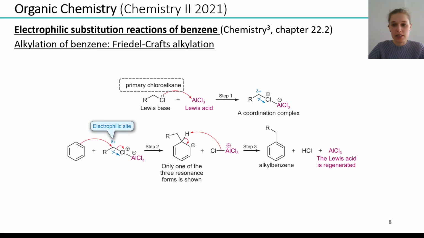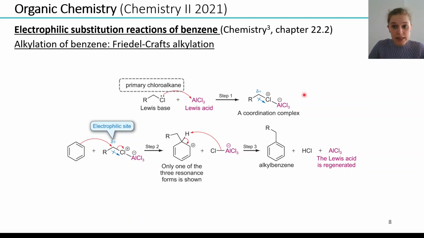Here we start with the primary halogenoalkane, more specifically the primary chloroalkane. In the first step, the primary chloroalkane, which can also be described in this reaction as a Lewis base, reacts with the Lewis acid catalyst, here aluminum trichloride, to form a coordination complex.